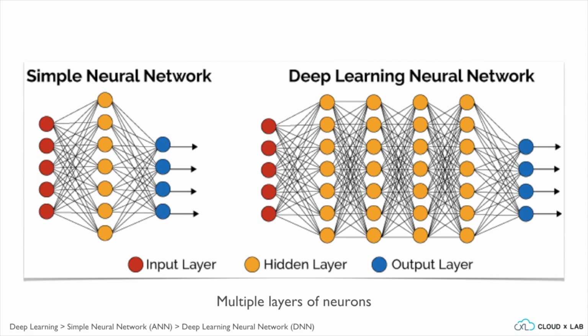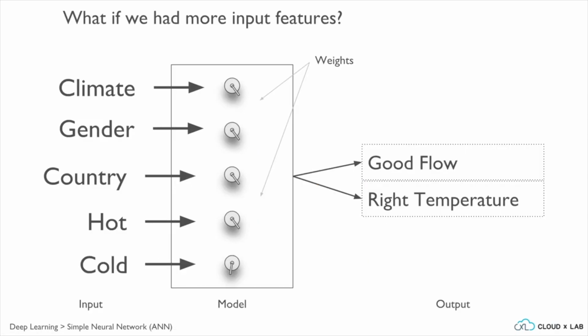Let's go back to the earlier example of knobs controlling the temperature of the water. But here, instead of just two knobs, we have five knobs linked to the five input features as shown. We need to turn the five knobs in any direction to give us the right flow and temperature of the water.